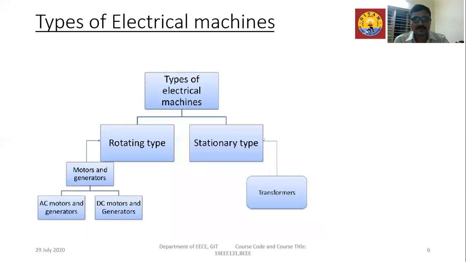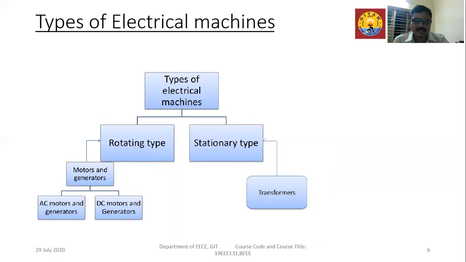First, I want to give you the classification of electrical machines. As you can see in the slide, there are two divisions under electrical machines. The first is rotating type electrical machines, and the second is stationary type. Under the rotating type, there are motors and generators.